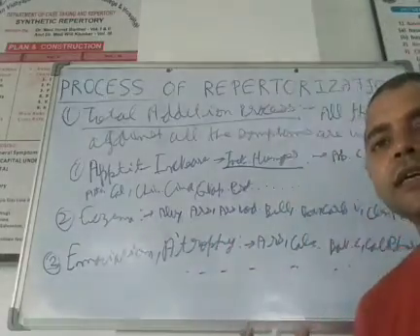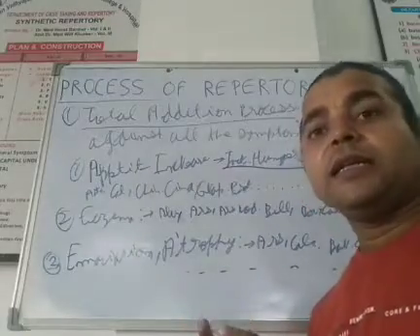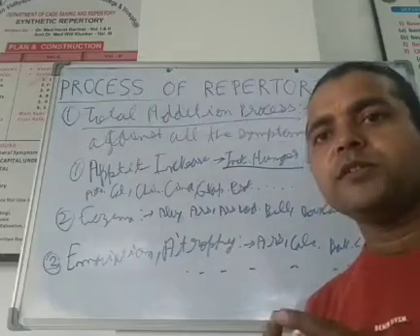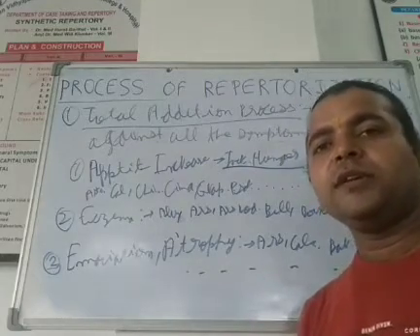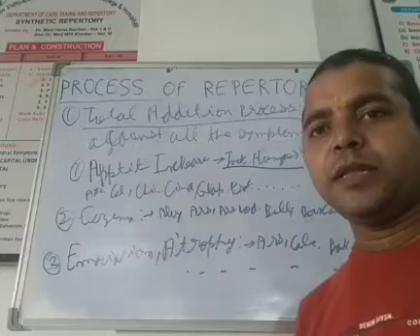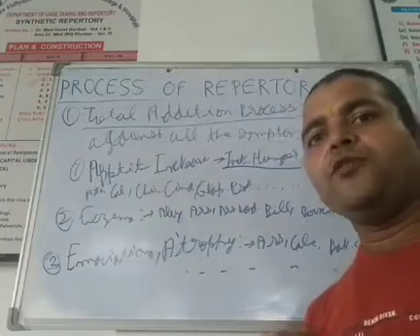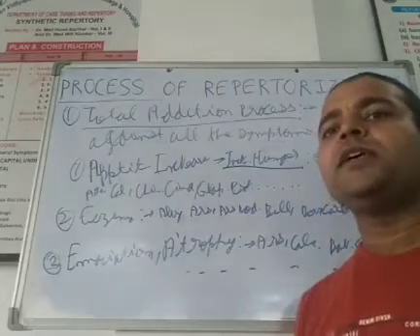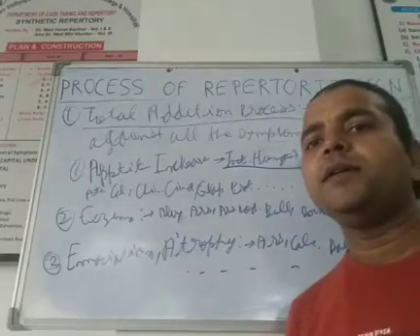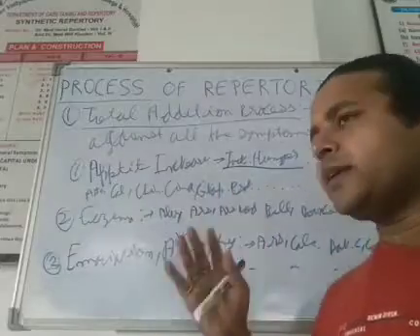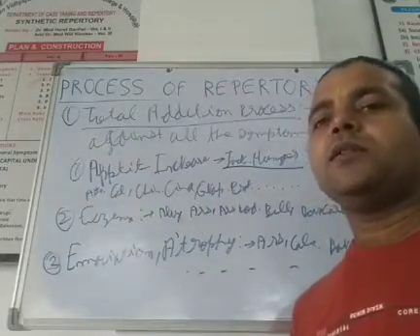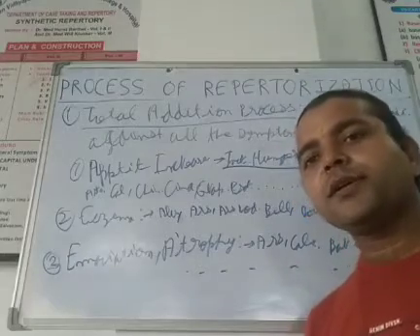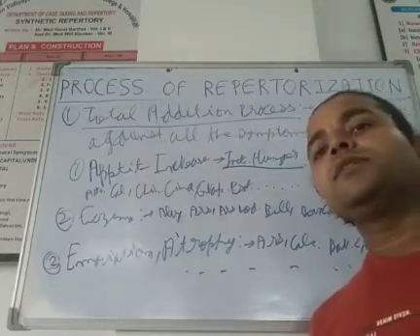So this total addition method incorporates all the possible symptoms given by that particular patient at that moment, and we are considering all the drugs which are present in all the symptoms, and then as per their ranking, as per their scoring gradation, we are finalizing the drug considering all the symptoms.